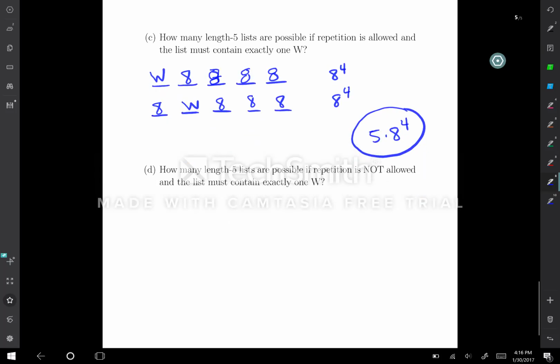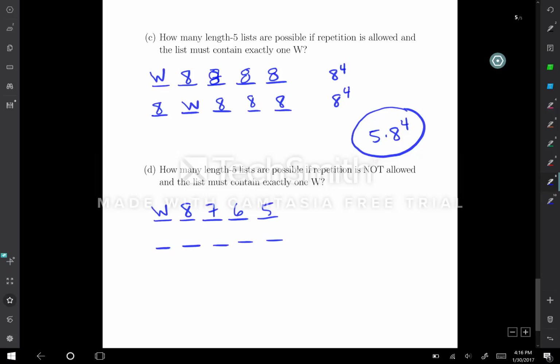Now let's consider the same scenario, but repetition is not allowed. So again, our 5 slots, we can consider what if W was first. Then we would have 8 possibilities for the second letter, then 7, 6, and 5. And again, maybe the W is in the second position, which would still leave us with 8 times 7 times 6 times 5 possibilities.